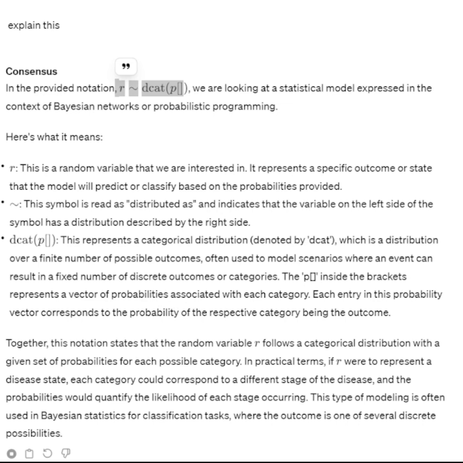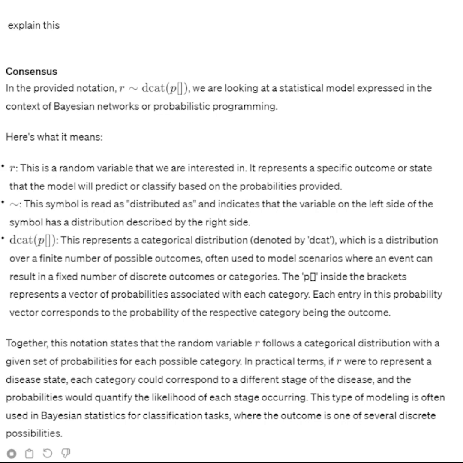dcat(P) represents a categorical distribution, a distribution over a finite number of possible outcomes, often used to model scenarios where an event can result in a fixed number of discrete outcomes or categories. The P inside the brackets is a vector of probabilities associated with each category. Each entry corresponds to the probability of the respective category being the outcome.